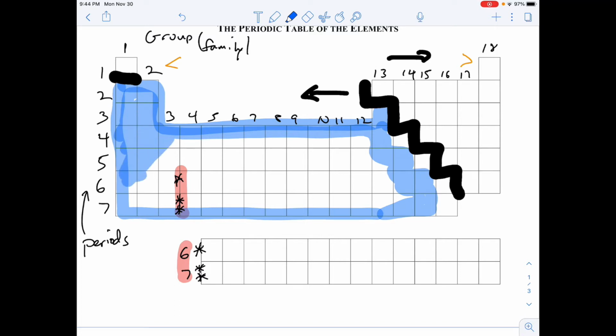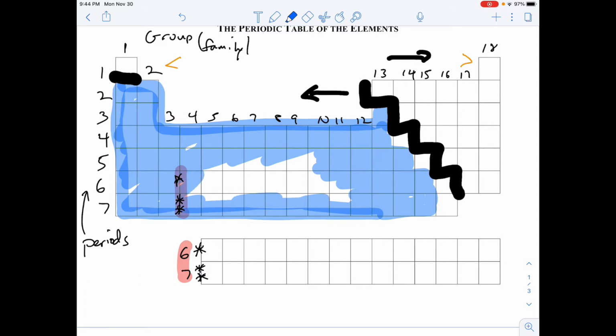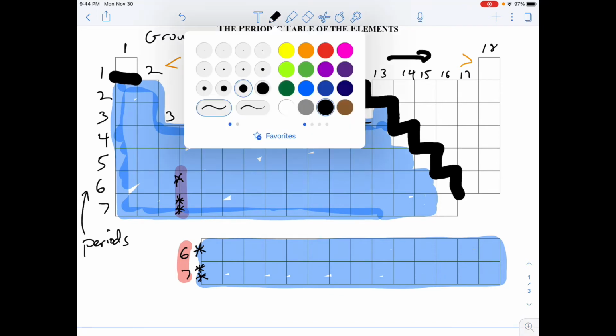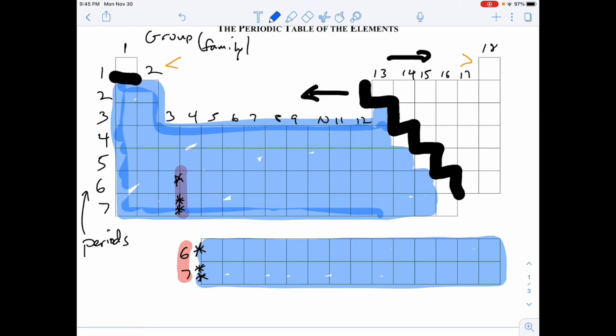All of these, and even these, are considered what we call metals. And right now I just want you to know the regions. We'll explain the difference between metals and nonmetals later.